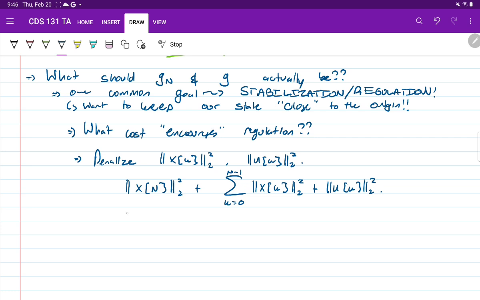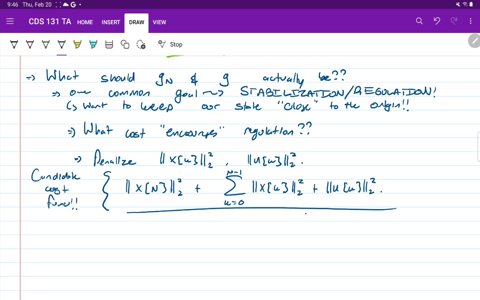Okay? So this is a candidate cost function. It seems like it might at least be a little bit relevant to this stabilization problem, or at least to this regulation problem where within this interval 0 up until time n, I want to kind of stay close to the origin, right?